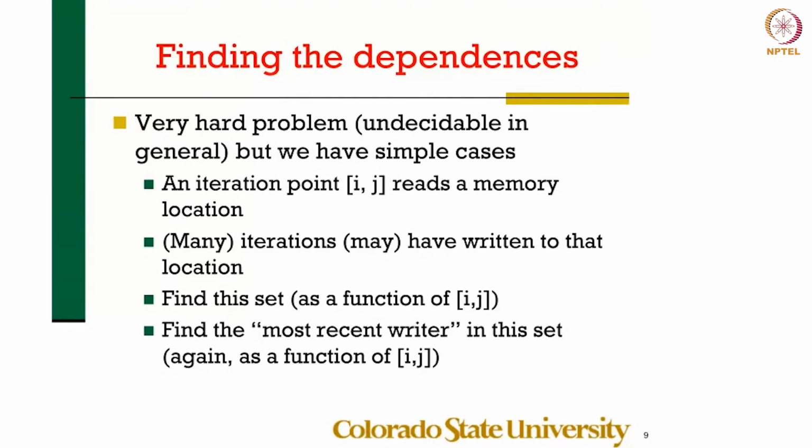In a program with multiple statements, you can think of a constant number of statement labels, and each one is associated with an integer point in a polyhedron, because there are multiple instances, one associated with every point in the iteration space. When you look at a statement in isolation, it is simply a syntactic entity, like a[i][j] equals blah, blah, blah.